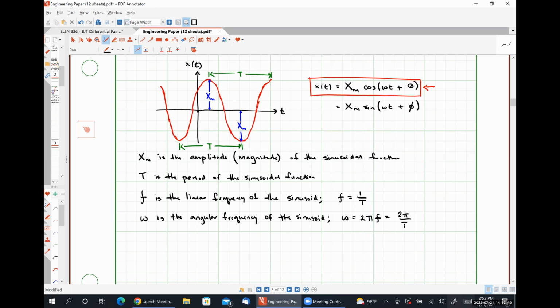So I'm going to go back through here and we're going to talk about units, because the units here are very, very important, okay?